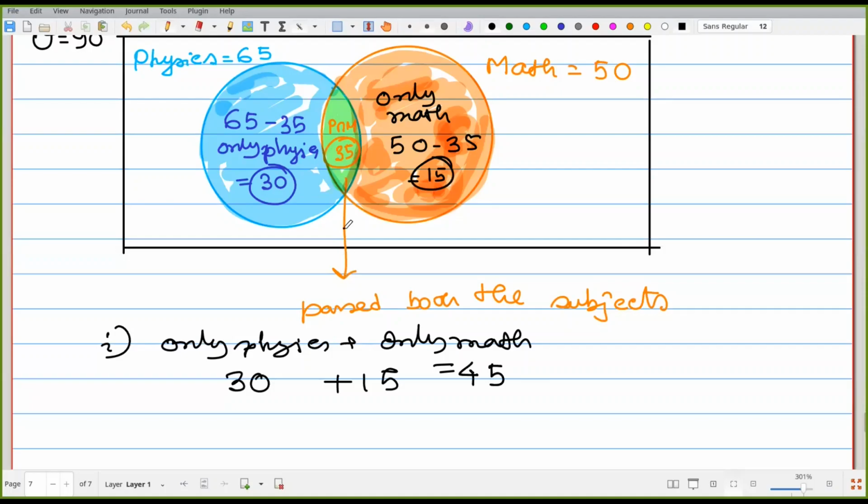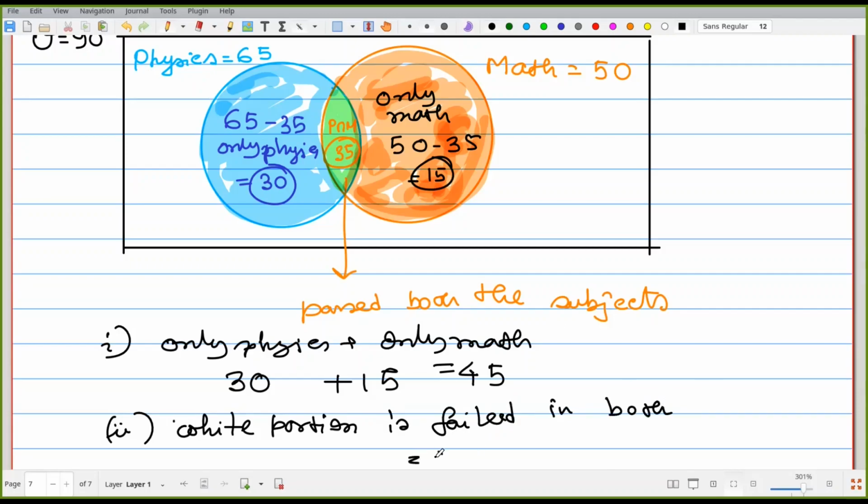And who has failed? The fail portion is only the white portion. That means among 90 students, only the white portion is failed in both subjects.